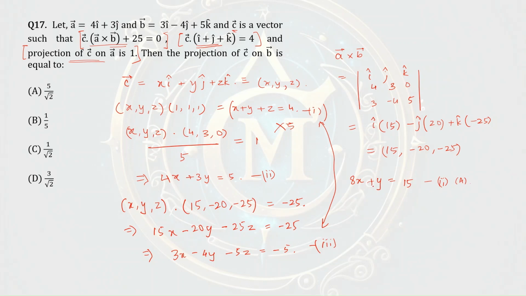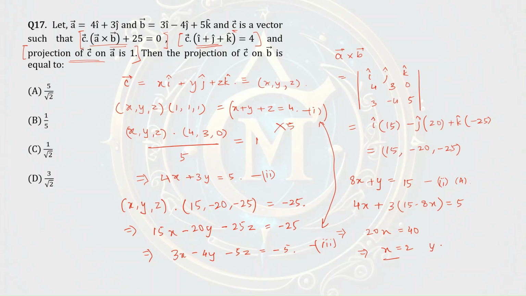So solving this equation with 2, we get 4x plus y, we can substitute 15 minus 8x, is equal to 5. This becomes 20x is equal to 40. So x is equal to 2.